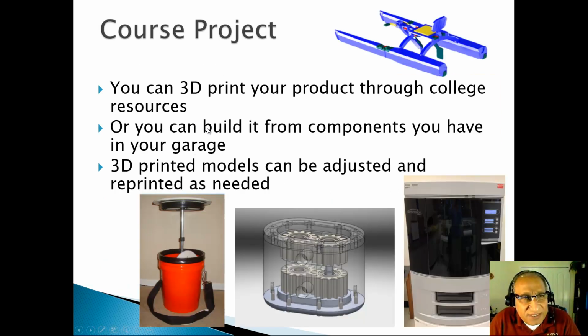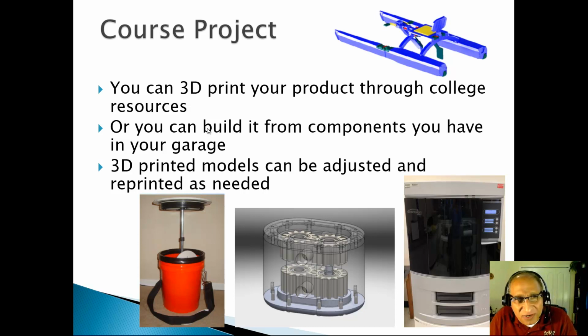In this slide, you can see some examples of prototypes that were created using the 3D printer or using off-the-shelf items. You can either buy off-the-shelf items, put them together and create your prototype, or you can print it on one of our printers. The product prototype should be functional and aesthetic, so it should look good.